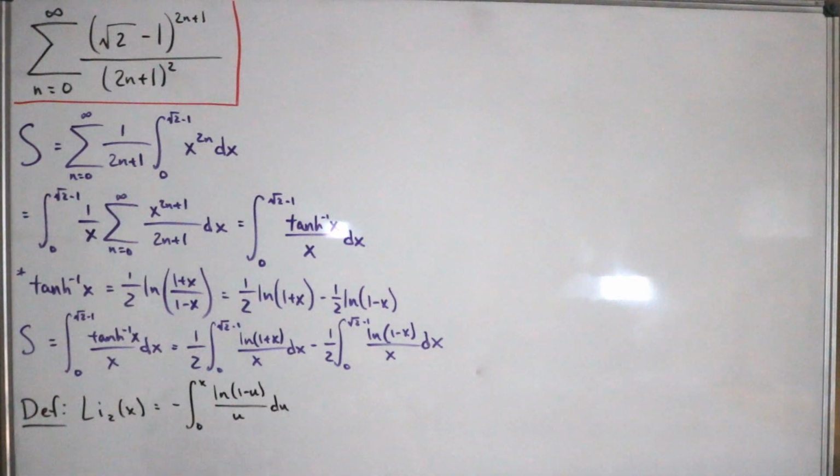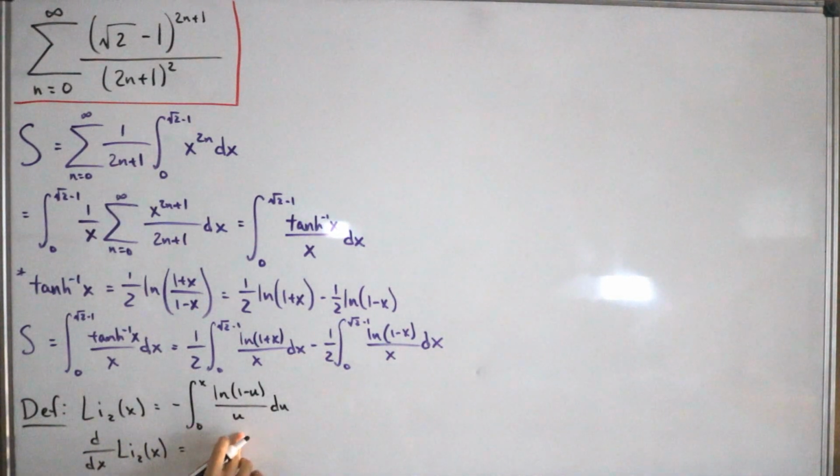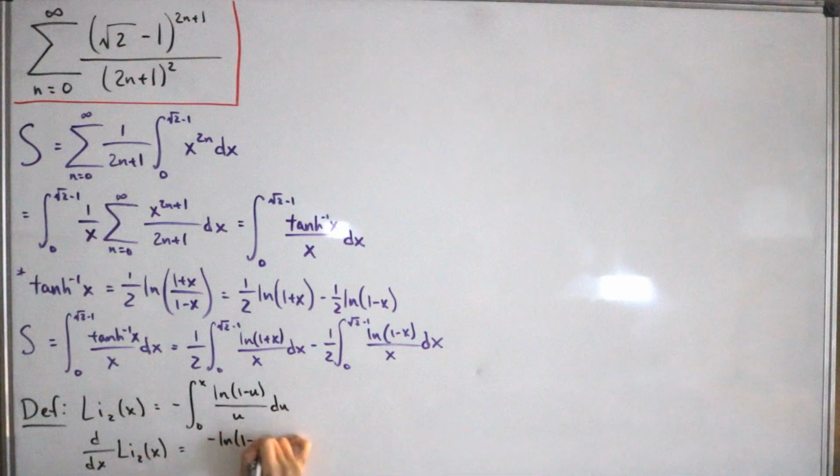If I take the derivative of our dilogarithm function, d/dx of the dilogarithm of x, all I have to do to differentiate this is use the fundamental theorem of calculus and say that this is indeed just negative ln of 1 minus x, divided by x.